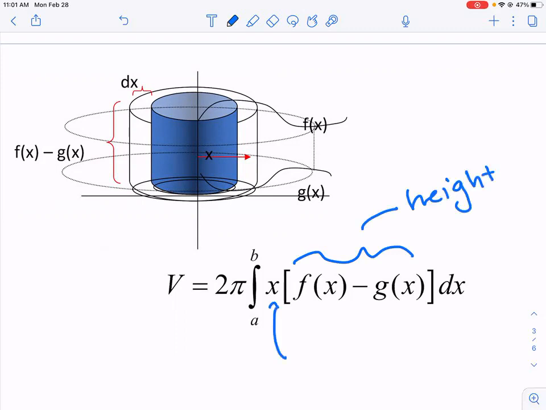And then this is going to be the radius. How far away is any given rectangle from the y-axis? Well, that is x away. This rectangle is x away, x away.